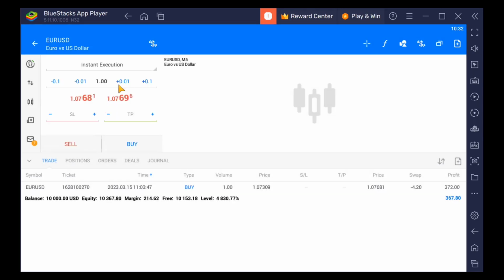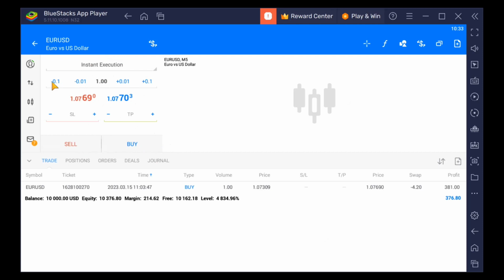So you tap on new order, this way you place a trade. You see 1.00. Now this is lot size. If I press buy, the trade will start running, and every time price increases by 1 pip, I'll be making $10. If it increases by 10 pips, I will make $100. If it increases by 1,000 pips, I will make $10,000.